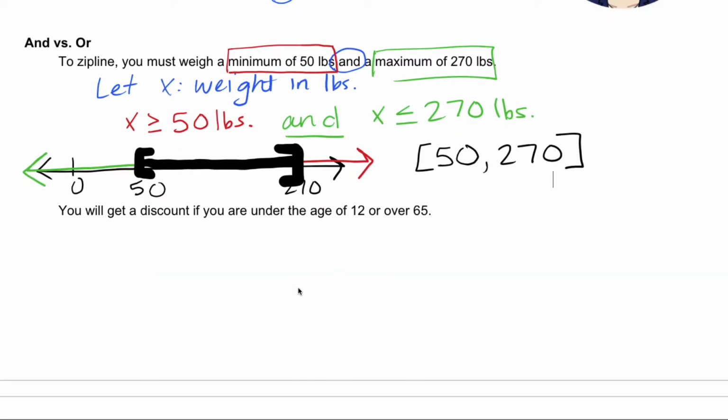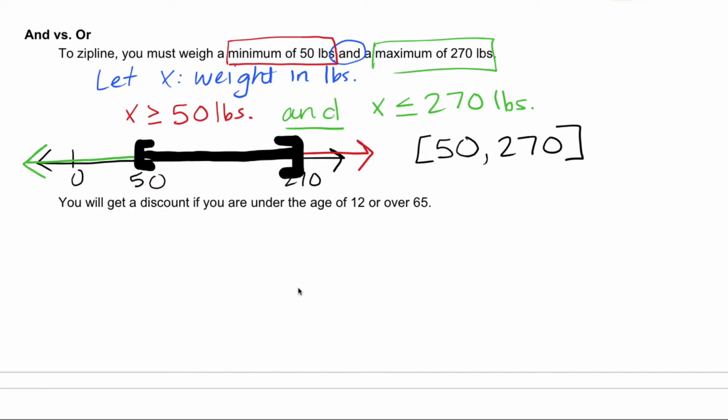Now let's look at an example with or. Let's say that you can get a discount at the movie theater or on your dinner or whatever if you're under the age of 12 or over the age of 65. So let's define y to be the age in years. So if y is less than 12, can it be equal to 12? What does this say?